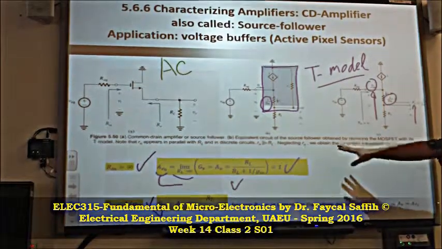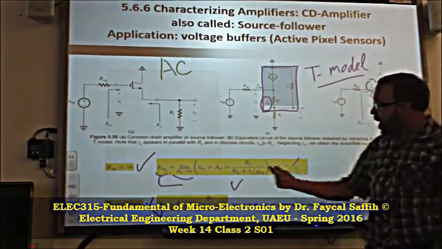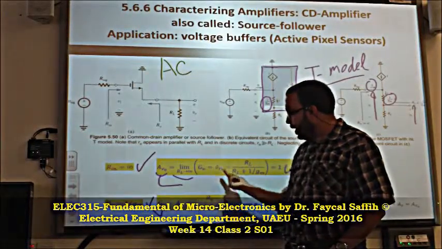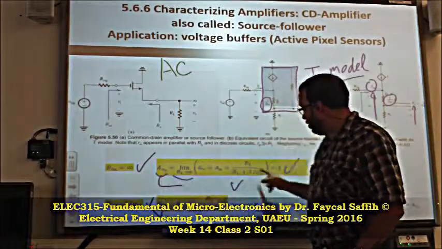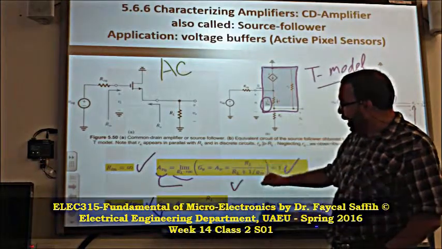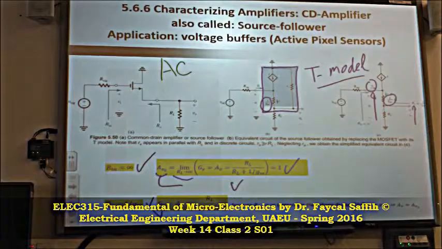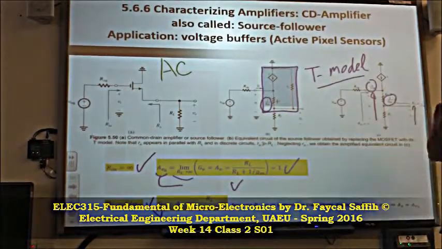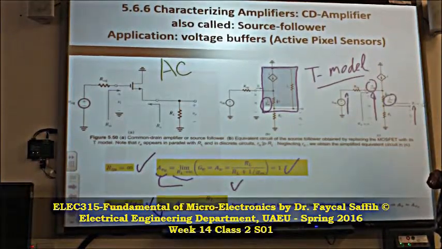And that's why we have a unity gain amplifier. The gain is equal to 1. Why is the overall gain the same as the voltage gain here? Actually, this is the voltage gain, not the open circuit one. The open circuit one is this one. But the voltage gain, including RL, is going to be equal to this. Why? Because here we have RL, that's number 1. Number 2, as you can see, the input voltage is the same as the signal voltage, yes or no?